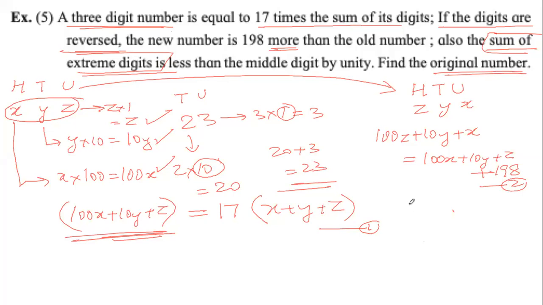Sum means addition. Thank you, Prachi. It takes so long to do this. X plus Z. And it says it is less than the middle digit. What is the middle digit? Y. Is less by unity, 1.